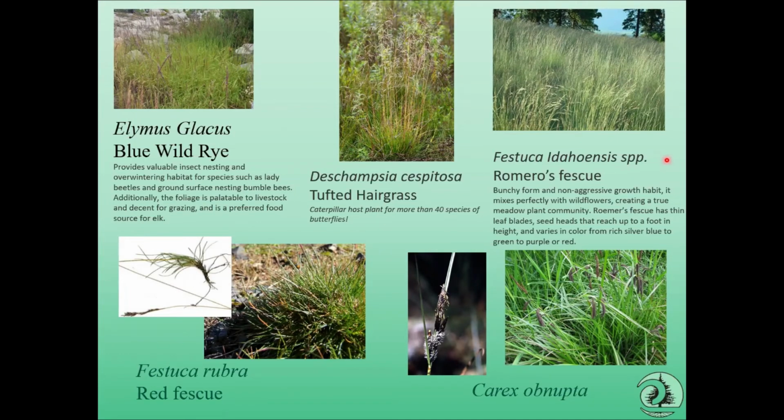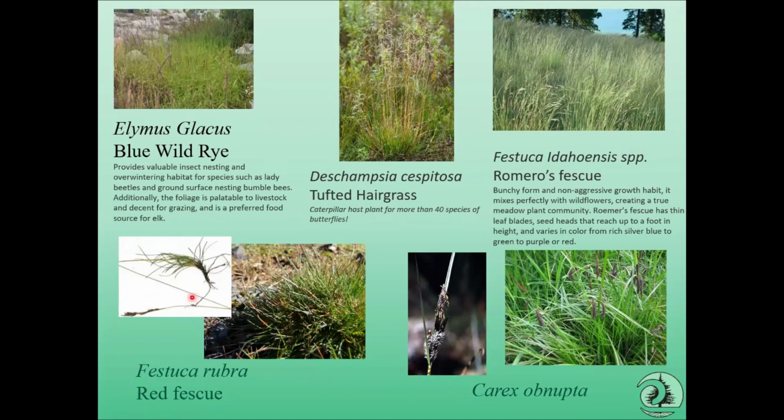Romero's fescue here also grows in clumps or tufts as well. Romero's fescue is good for a meadow habitat. And all of these grasses are just super important for our pollinators so that they can have safe places to overwinter.